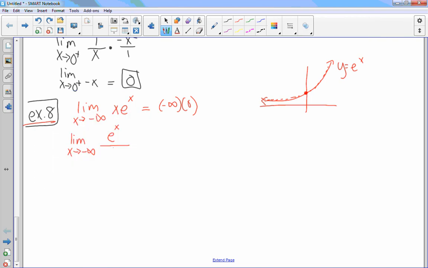Over 1 over x, or you can do x to the negative 1 power if that helps you with the next step. Okay, now e to the x as it goes to negative infinity is what? 0. Okay, remember the graph y equals 1 over x. Where's this graph going when it's going to negative infinity? 0.